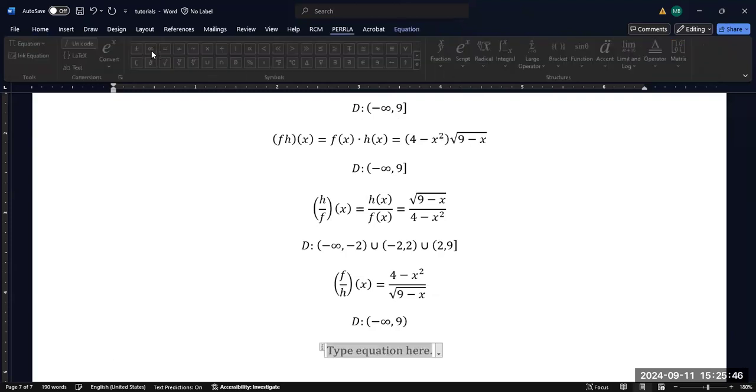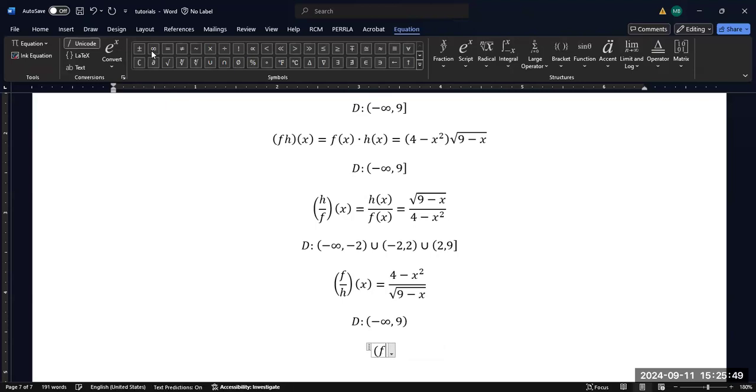And then the last operation that we can do is called composition. And again, this is represented with an open circle. And this means replacing inside your first function, your outside function, anywhere there's an x, sticking in your inside function. So in this case, I would take 4 minus x squared. That's my template.